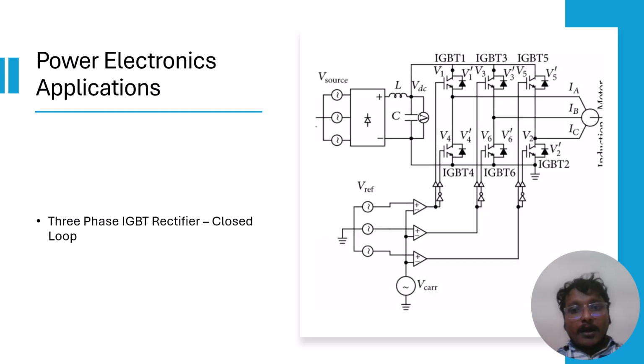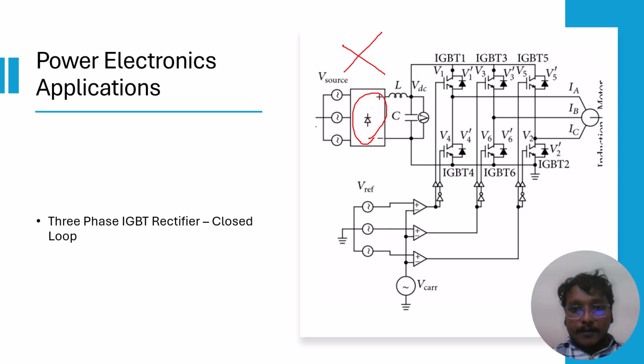If you see, this is the block diagram. I am just replacing the diodes with IGBTs. Here the diode bridge is there, and also the IGBTs are there. This is a different example, but I want to let you know that the diodes can't be controlled, that's why there is no feedback signal. It is a combination of both open loop and closed loop.